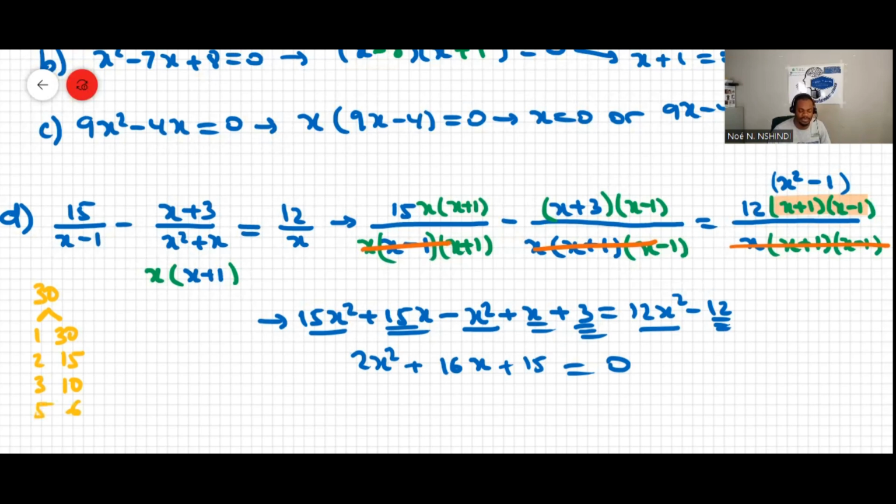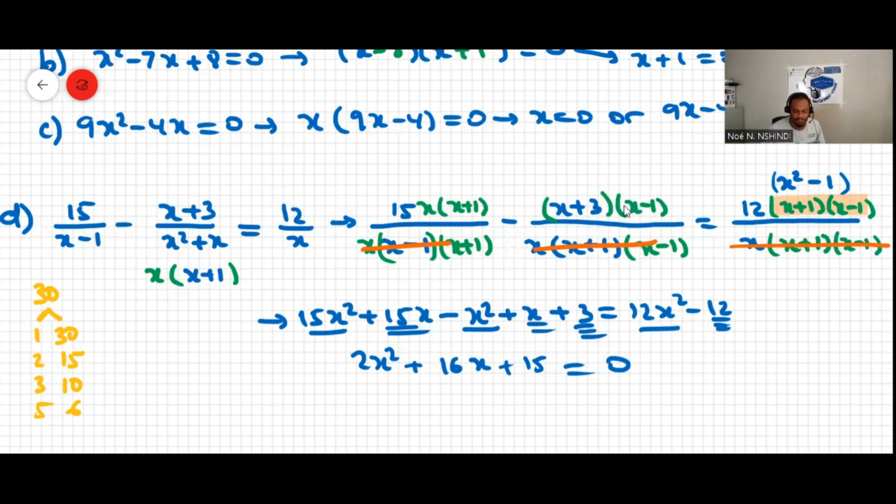Can we get a sum equal to 16? No, the closest is this one that makes 17. Let's double check if we missed anything. I think I missed something here. X times that makes negative x squared. X times that makes negative x with the negative. Oh, it was 3 times x that I missed.